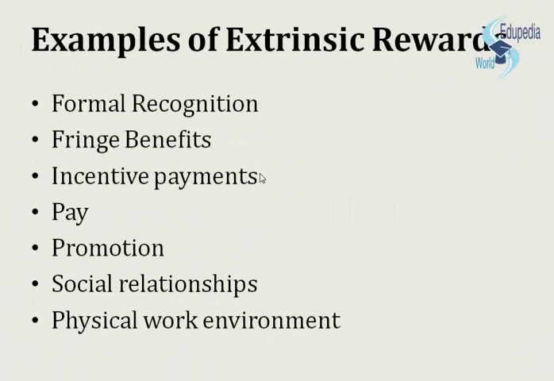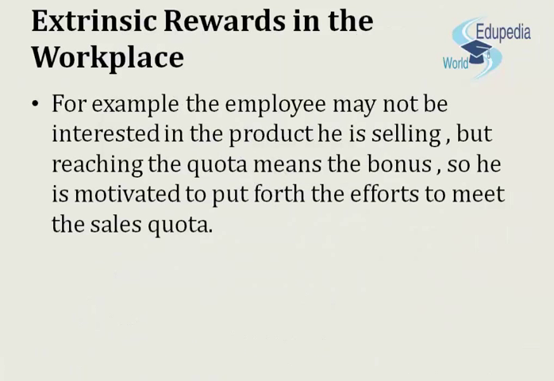The examples of extrinsic reward are formal recognition, fringe benefits, incentive payments, pay, promotion, social relationships, and physical work environment. As an example of extrinsic rewards in the workplace, the employee may not be interested in the product he is selling, but reaching the quota means the bonus, so he is motivated to put forth the effort to meet the sales quota.